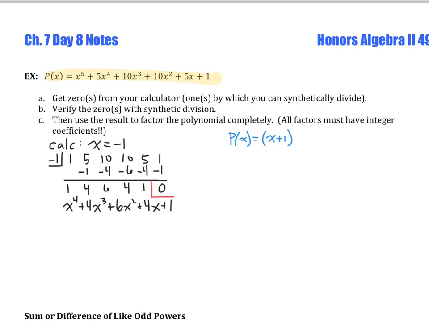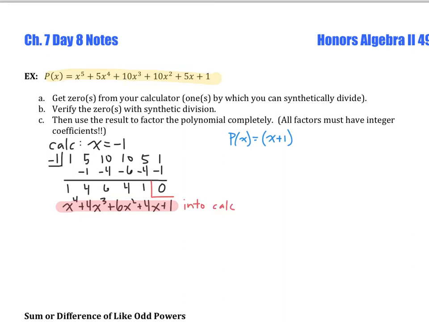But if you go to your calculator, you're not going to see another distinct 0. So what we can do from here is plug this into our calculator. Erase what you have in y1 and plug this in.